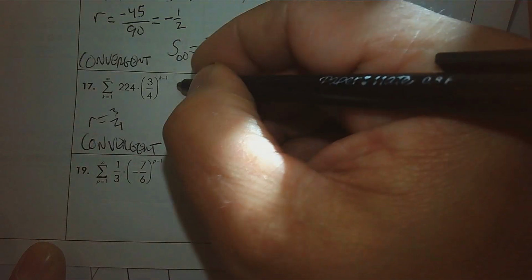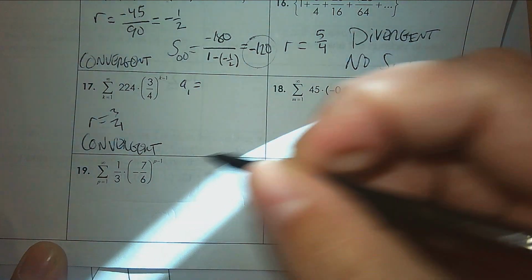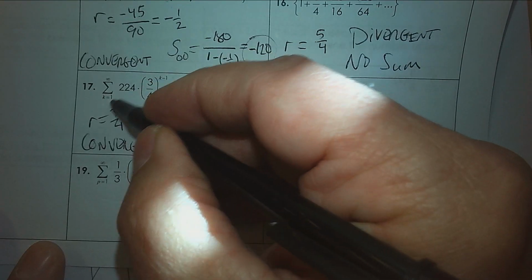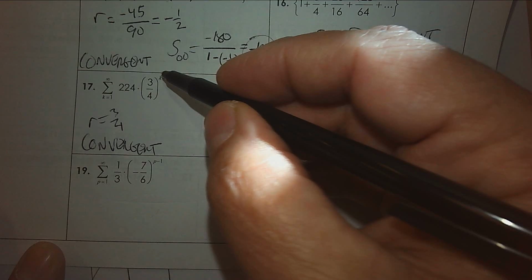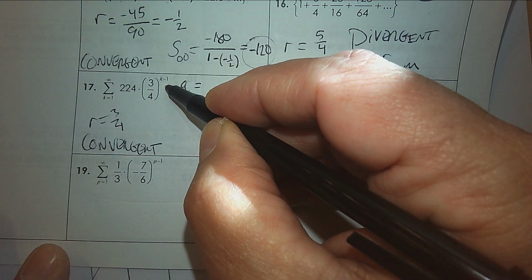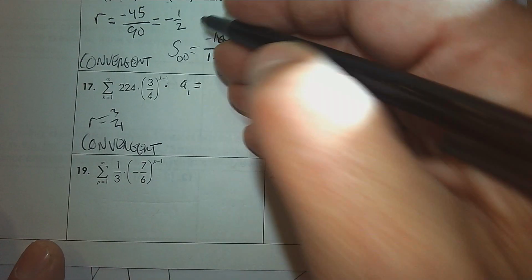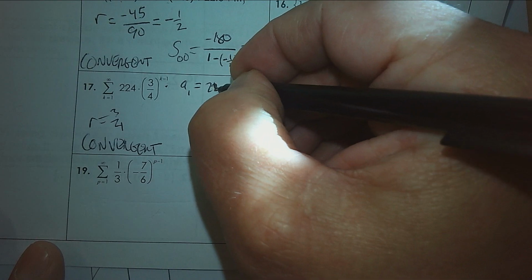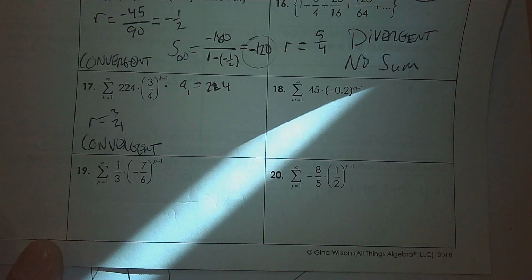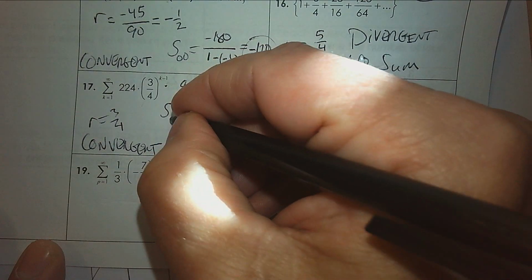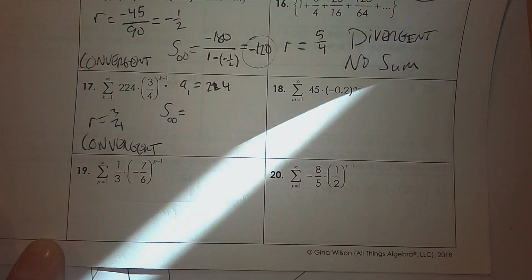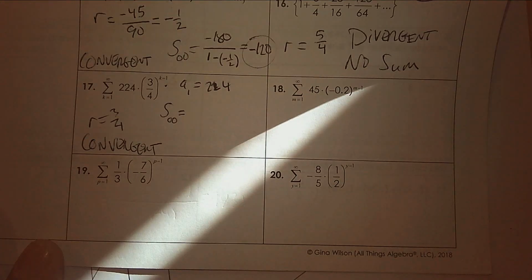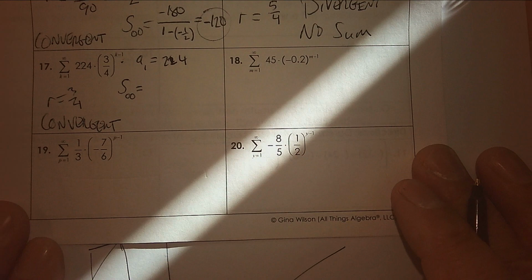Well, I need to know A1. So what do I do to find A1? Plug in what number? Now 1 take away 1 is 0, and anything to the exponent 0 is 1. So the first term is 224. And now what's the formula for an infinite number of terms? Which is 224.